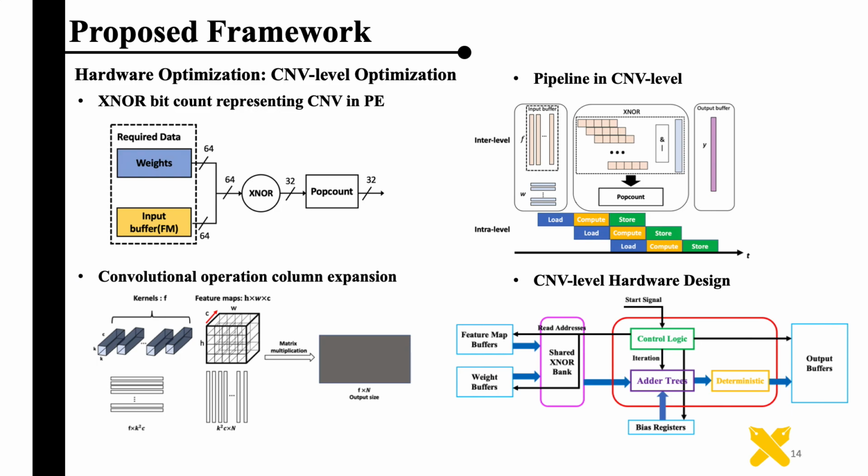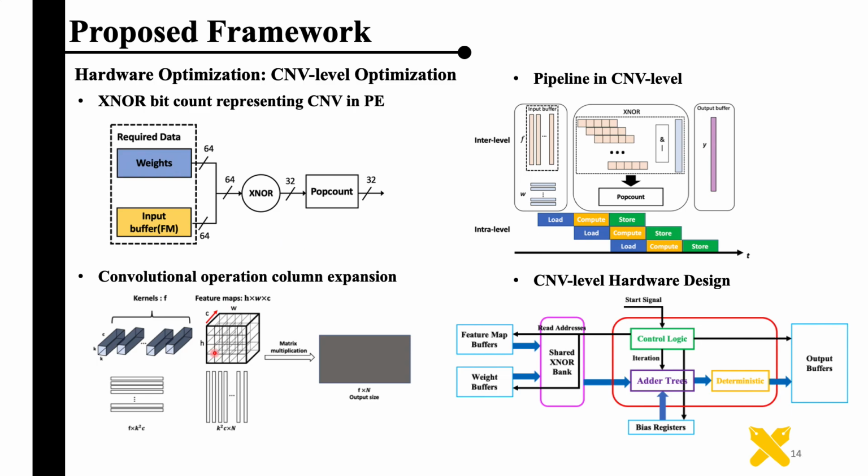On this page, let's talk about the hardware implementation of the convolution level. As mentioned previously, the convolutional operation in a binarized neural network is realized as an XNOR bit count operation. In a processing element, the data works in this way. Pop count operation is implemented, the operation of counting the number of set bits.